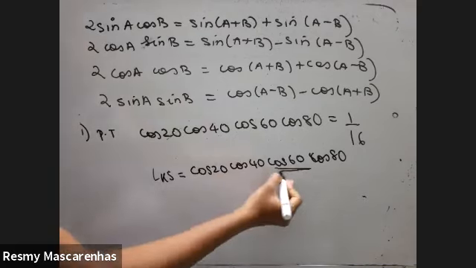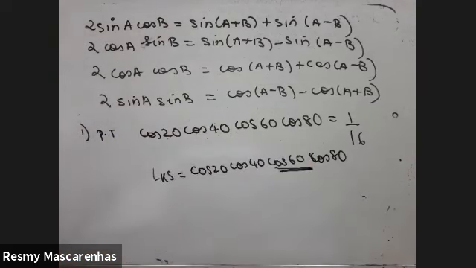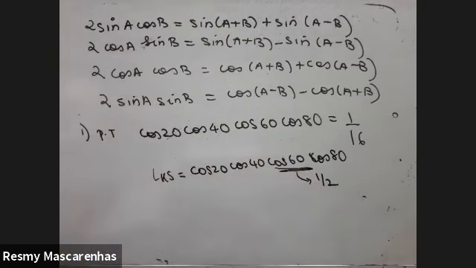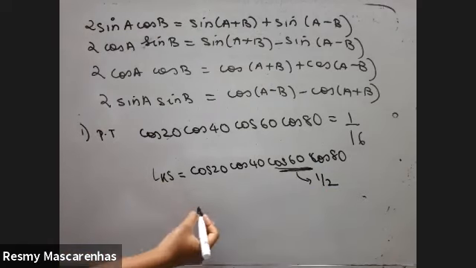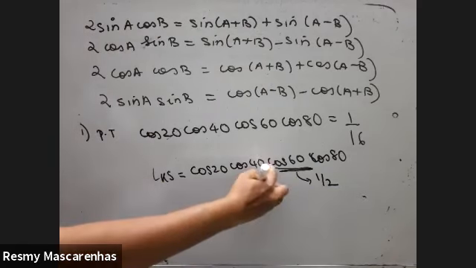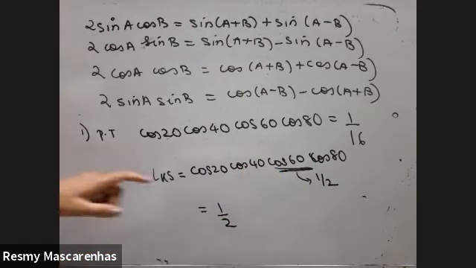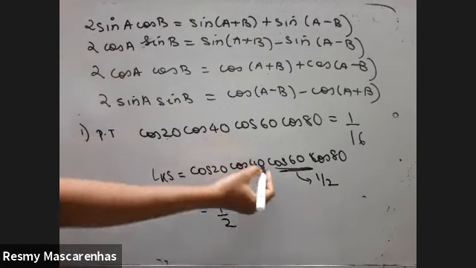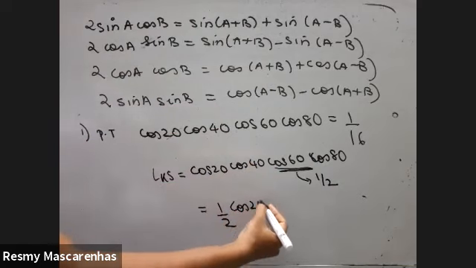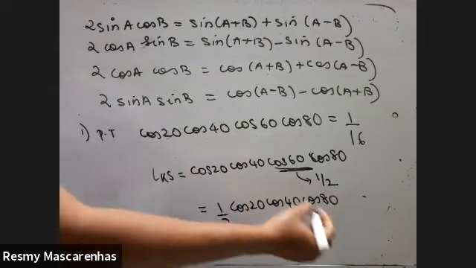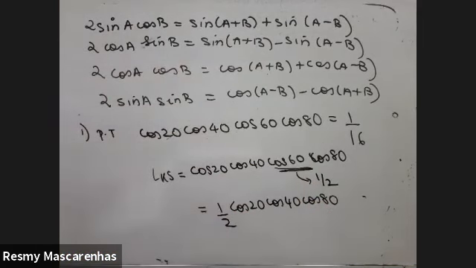Yes, this one is a standard angle, so obviously it will have a value. What is cos 60? Half. You know that cos 60 is 1 by 2. So straight away I'll write it in front, because anyway it is multiplication, so no need to waste time on one more step. So one term is gone because we have put it as half.